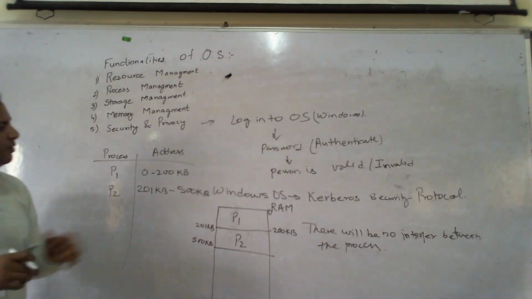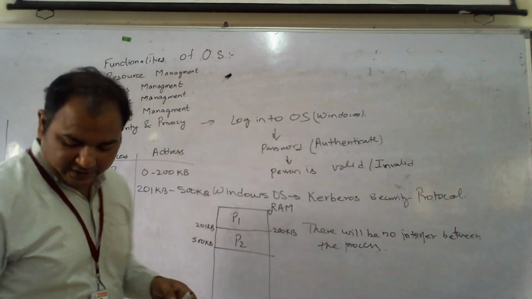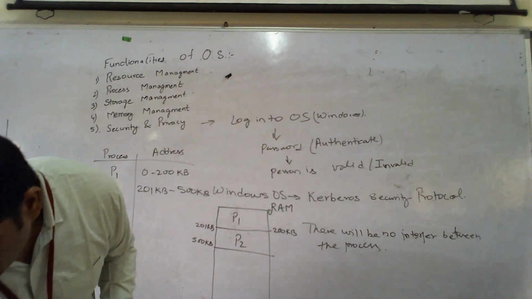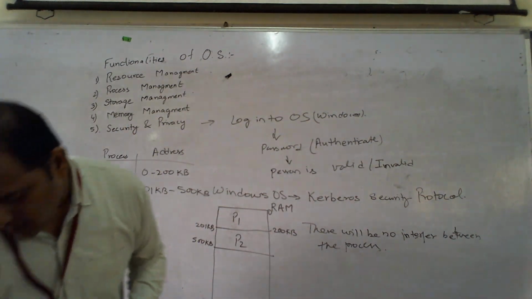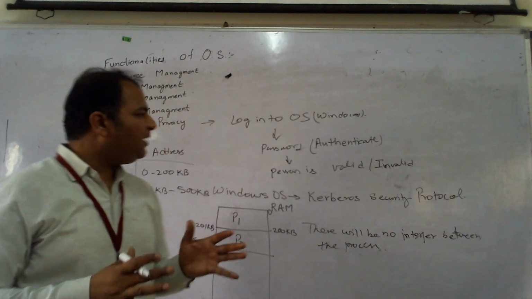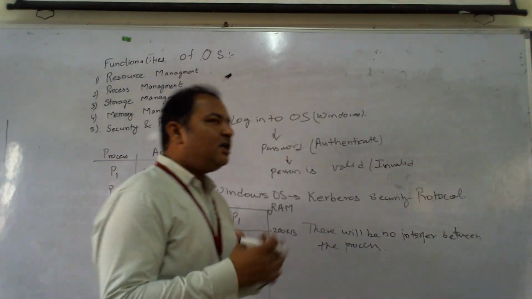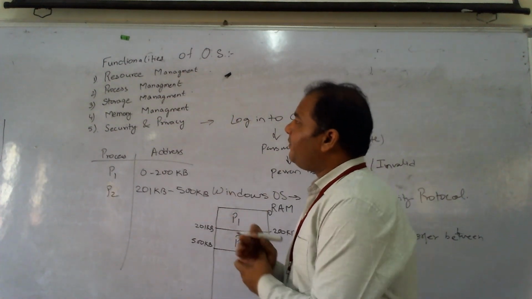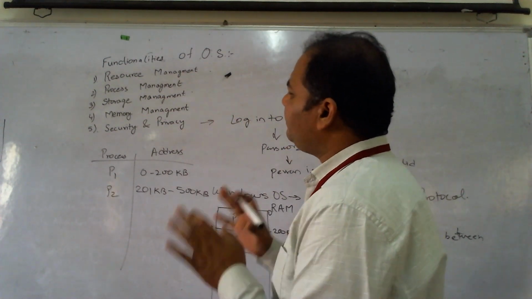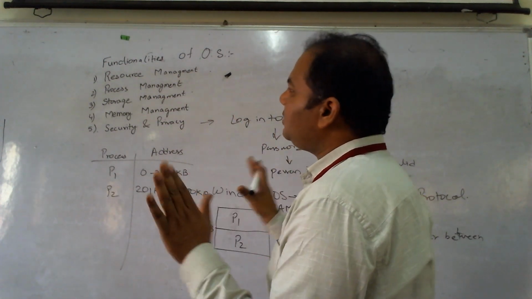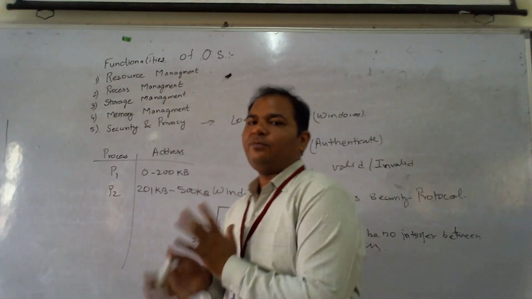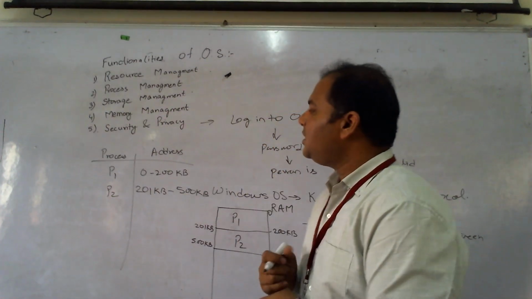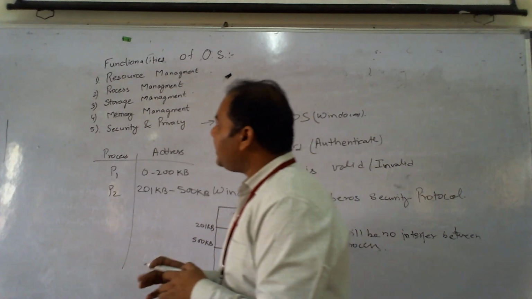So this is all about the functionalities of the operating system. I hope you have understood the major advantages the operating system is providing to us. In these functionalities, we can easily know about the functions the operating system provides.